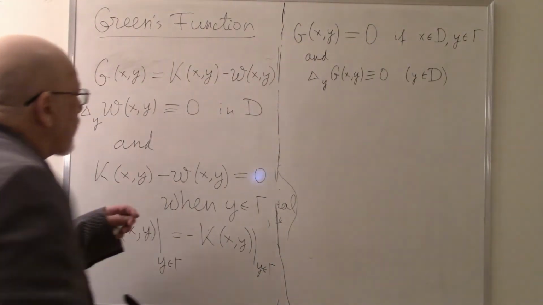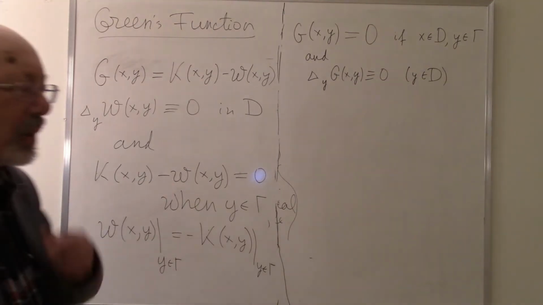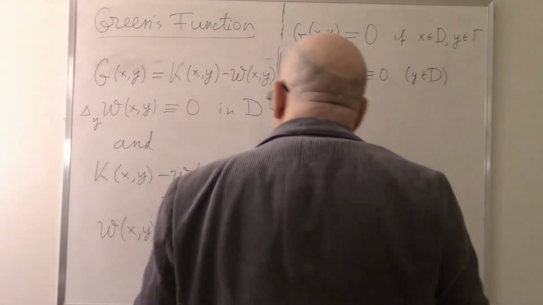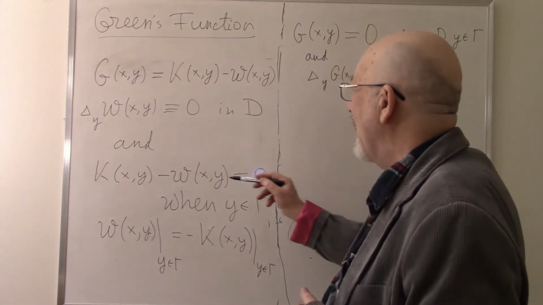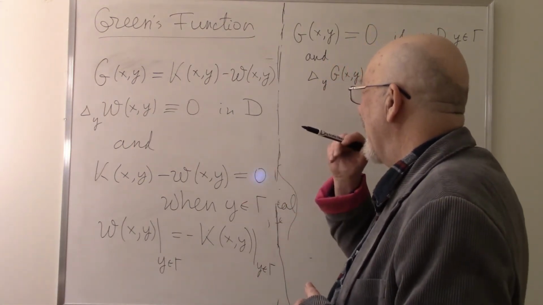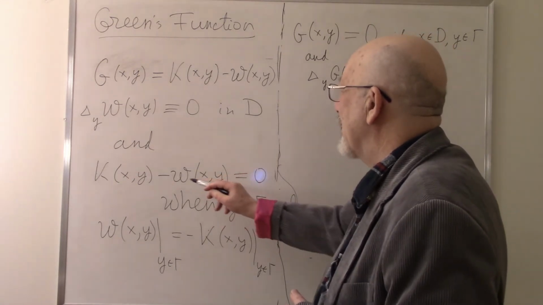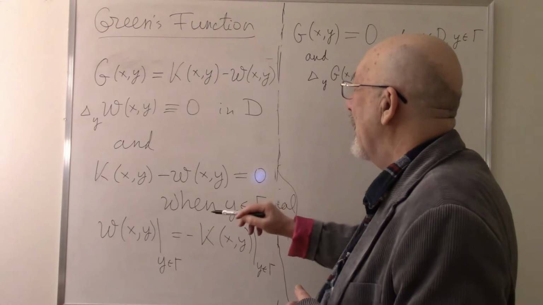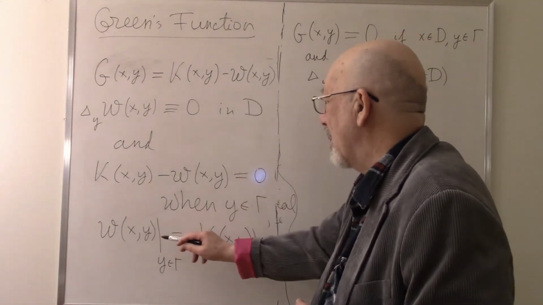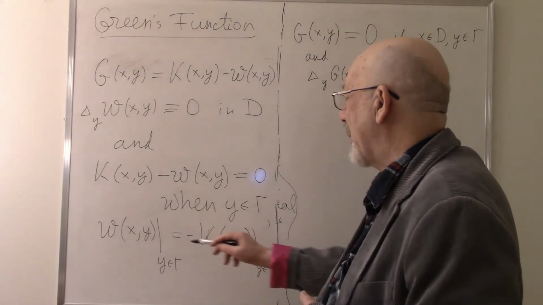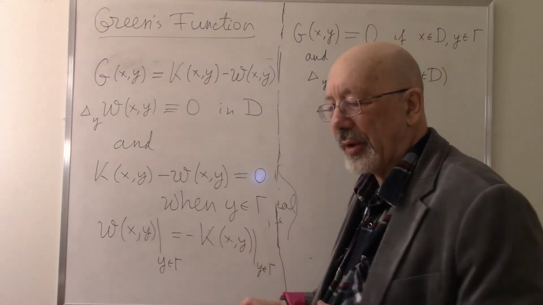So to do it, we have to find this correcting function. Now, this means that we have to solve another Dirichlet problem. The Laplacian in y is 0, and y on the boundary, x is a parameter, is a given function.